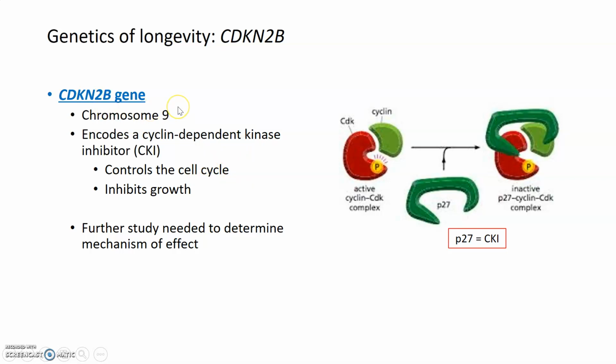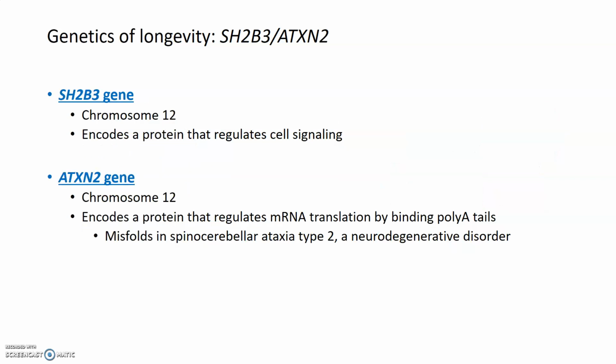This is a gene also on chromosome 9, and what CKIs do is they actually bind to and inhibit active CDK cyclin complexes to stop the cell cycle from continuing. And while we know that CDKN2B is implicated by GWAS studies in longevity, there's not really a good understanding of how it contributes and the mechanism behind that.